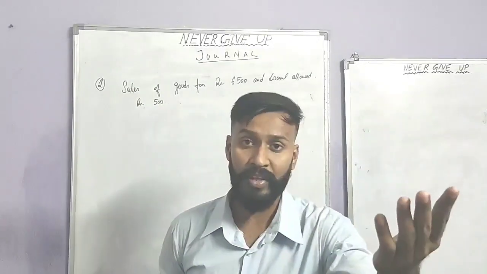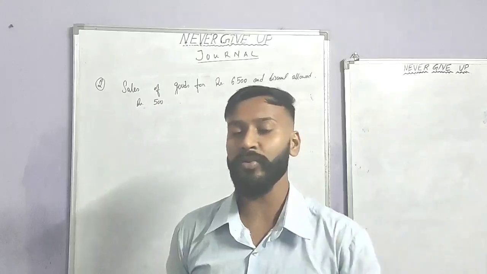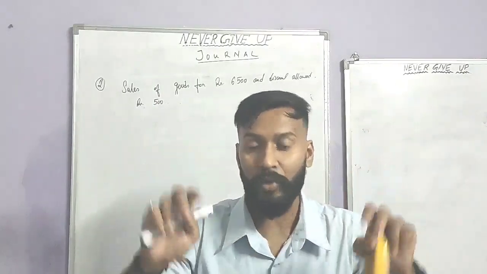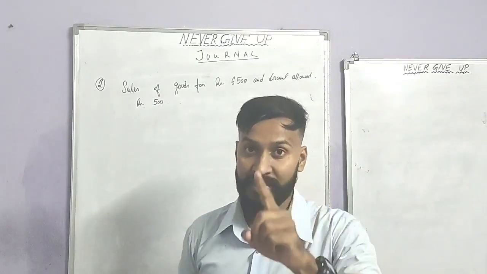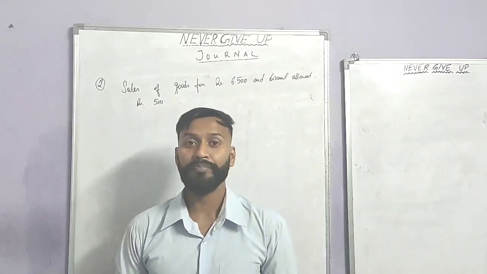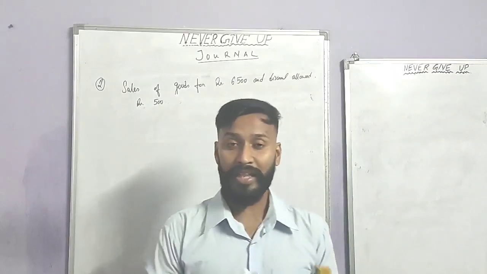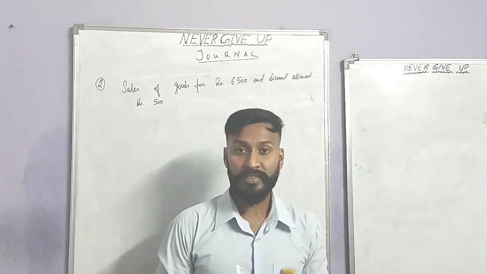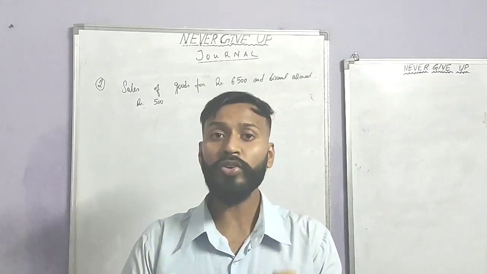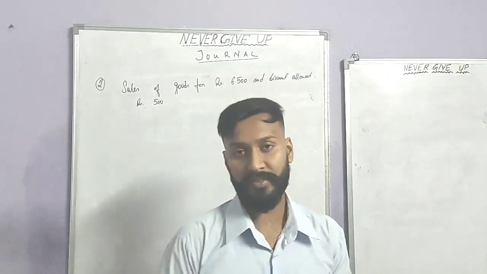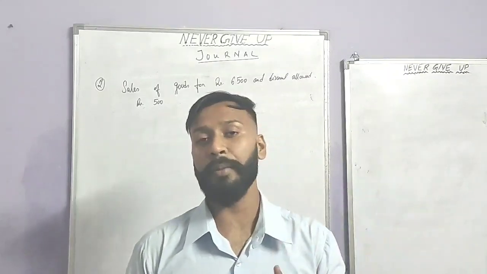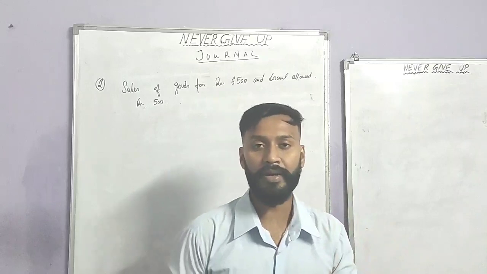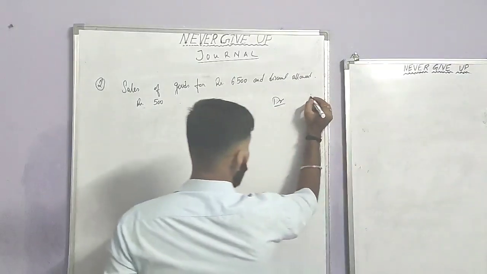If you sell something, you give the discount to the customer, that is discount allowed. And discount allowed is the loss of the business. So any loss is debit. Let us record the entry.